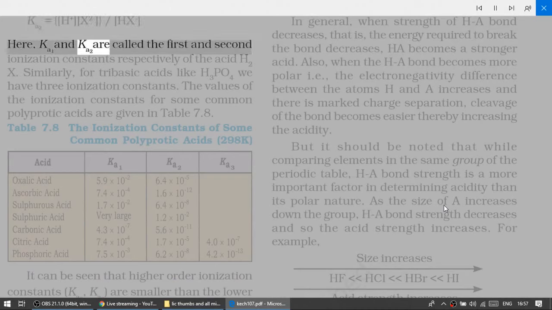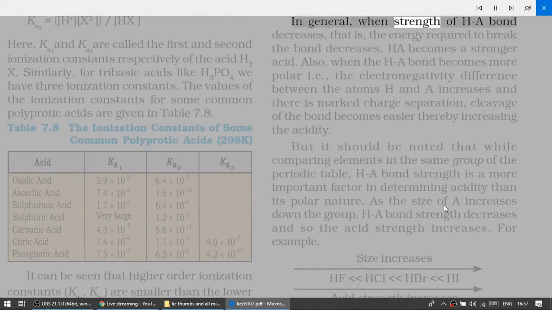Here, K1 and K2 are called the first and second ionization constants respectively of the acid H2X. Similarly, for tribasic acids like H3PO4 we have three ionization constants. The values of the ionization constants for some common polyprotic acids are given in Table 7.8.